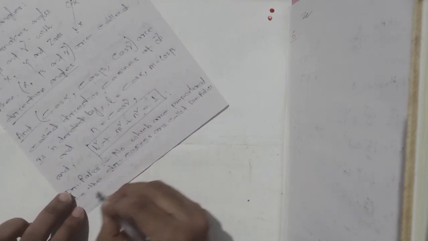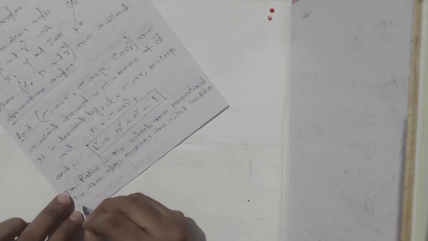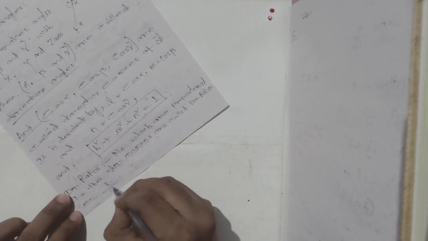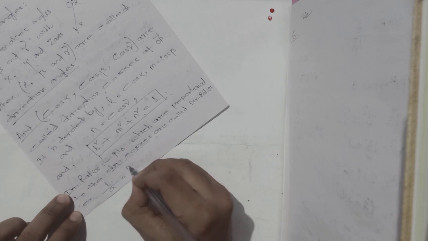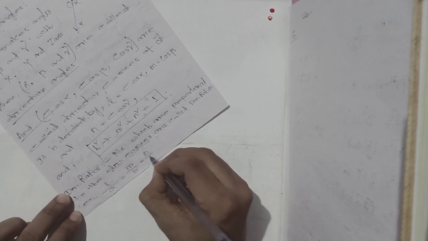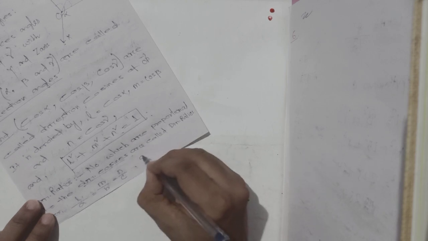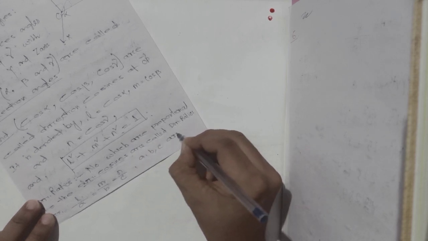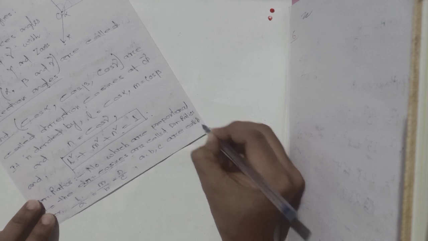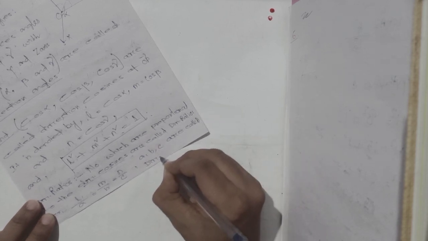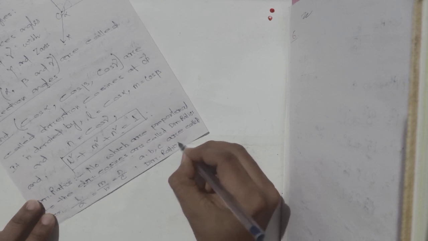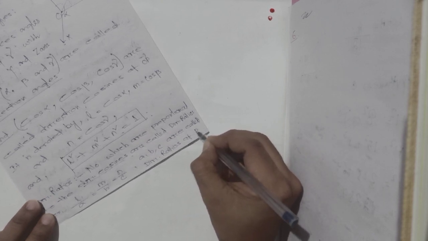For example, L by A equal to M by B equal to N by C, right? Where A, B, C are called direction ratios of the line OP vector.